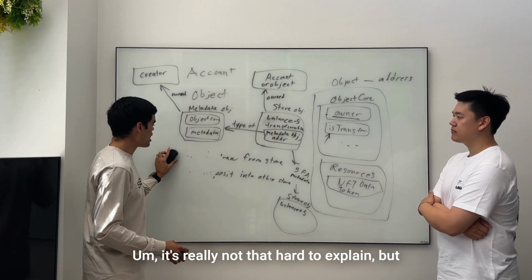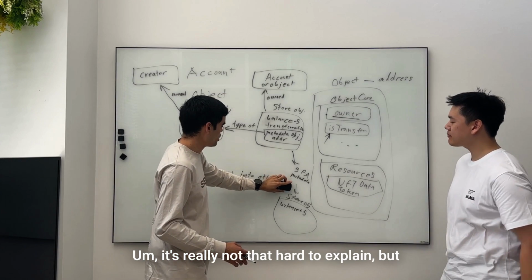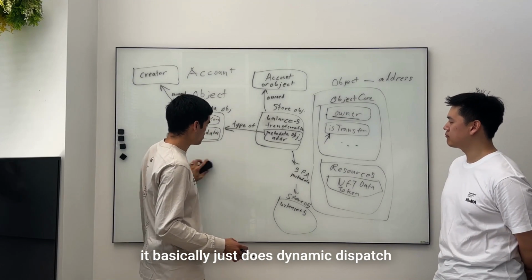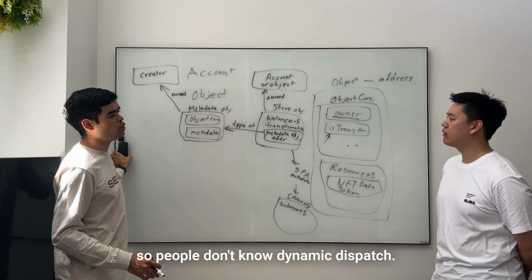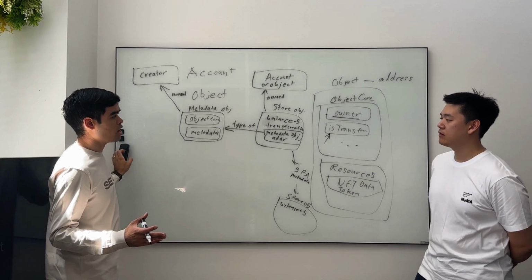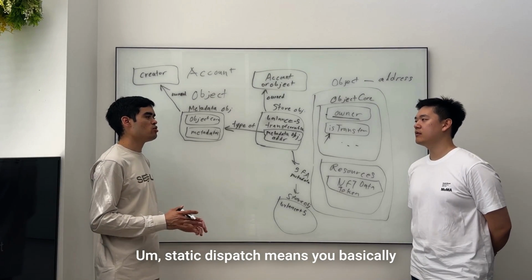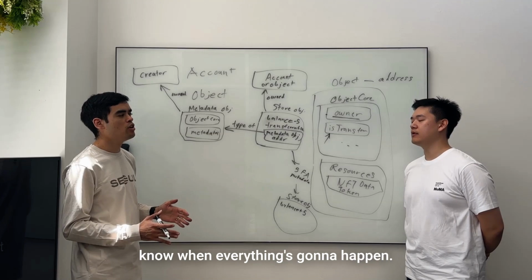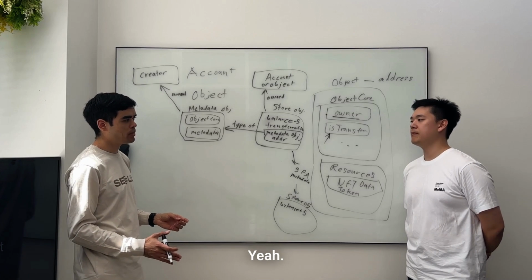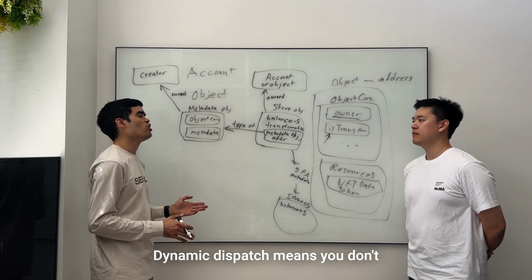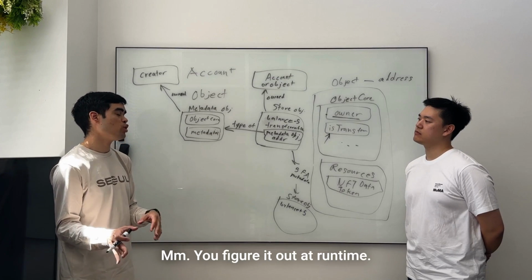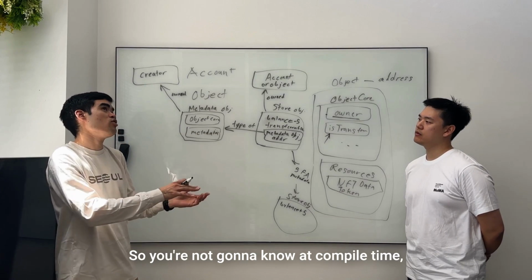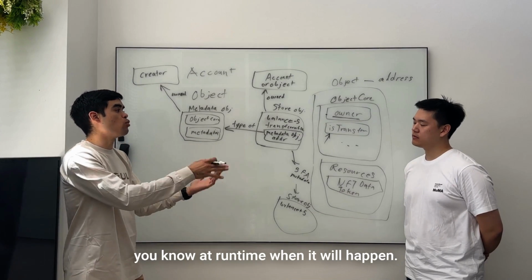It's really not that hard to explain, but it basically just does dynamic dispatch. So for people who don't know dynamic dispatch, static dispatch means you basically know when everything's gonna happen at compile time. Dynamic dispatch means you don't know what you're gonna call until runtime. You figure it out at runtime. Okay. So you're not going to know at compile time. You're going to know at runtime when it will happen.